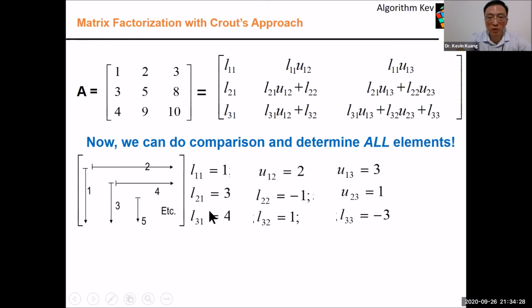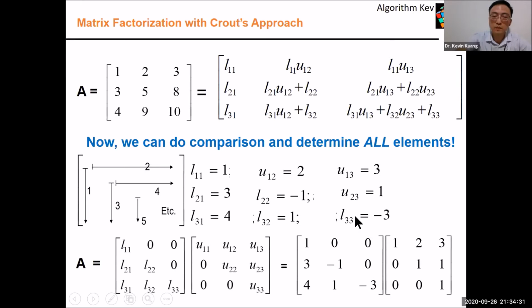So now that we have all these values, we can then substitute back into our LU matrices. Individually we will populate all these elements, and that should give us these two matrices. So in this case, we have successfully decomposed the original matrix A into L and U matrices.